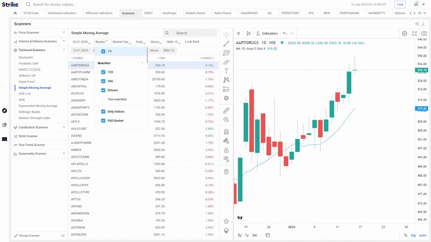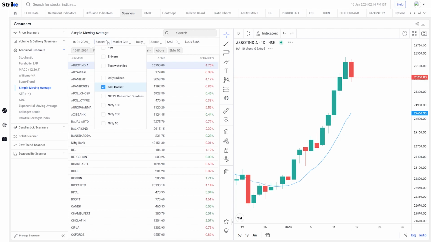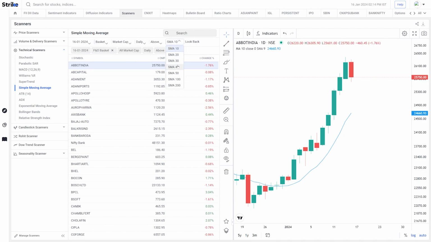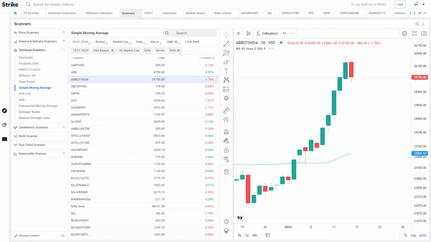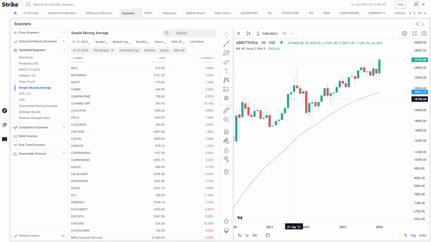So let's first limit our period and the basket. I'm scanning just the FNO basket and my filter is the stock should be above, let's say, 40 period SMA on the monthly time frame. So I'll choose the time frame as monthly. Now this is the list that I've gotten when I do such a scan.